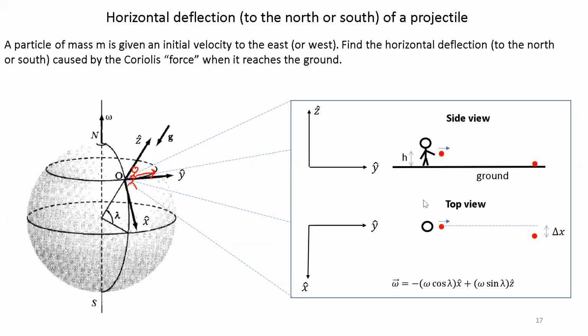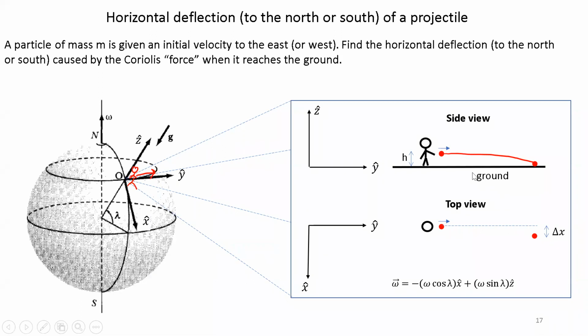If you don't consider any Coriolis effect, then the trajectory will just be like this, right? Everything just stays in this YZ plane, so the ball is not trying to go out of the screen or into the screen.